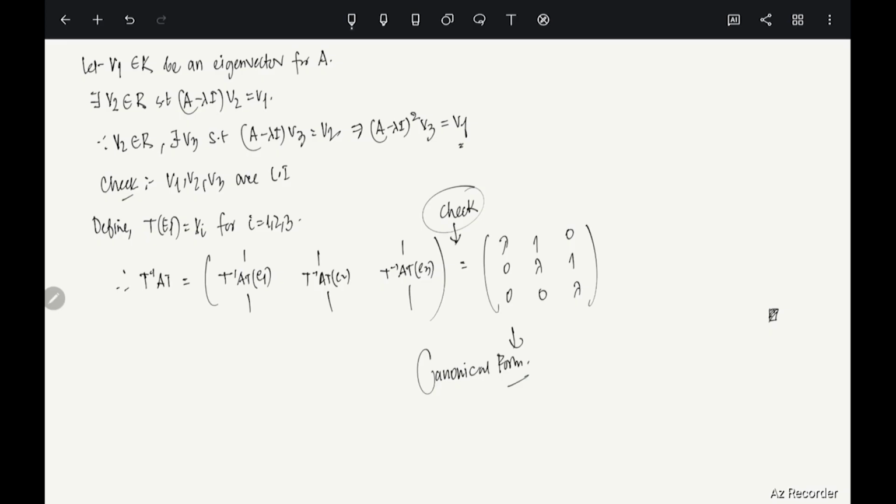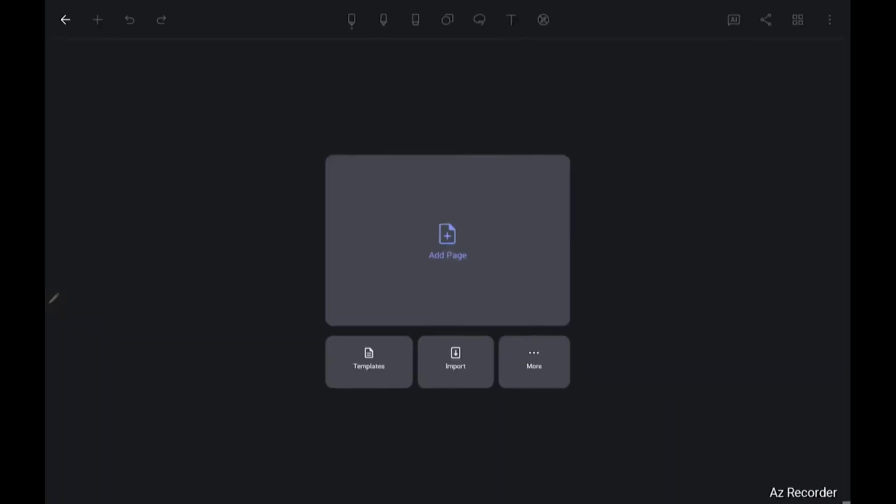Since this particular example is a little difficult, let's do a small exercise on how to calculate this. That will make life easier. First, let's assume a matrix A which is 2 0 minus 1, 0 2 1, minus 1 minus 1 2.